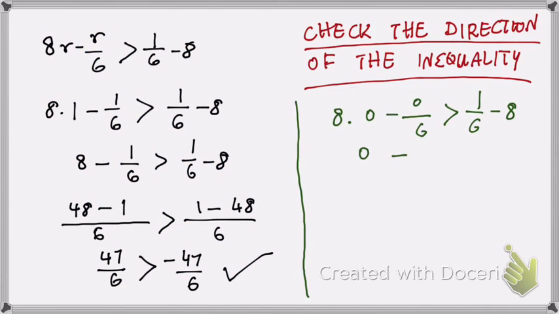So I replaced r in this equation with 0. 8 times 0 is 0, and 0 divided by 6 is 0, and that's greater than 1 divided by 6 minus 8.